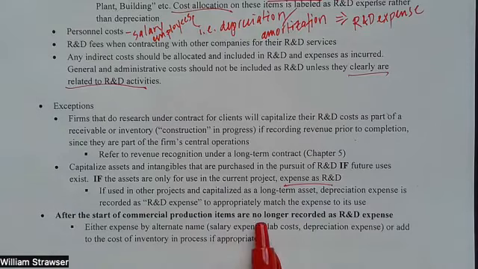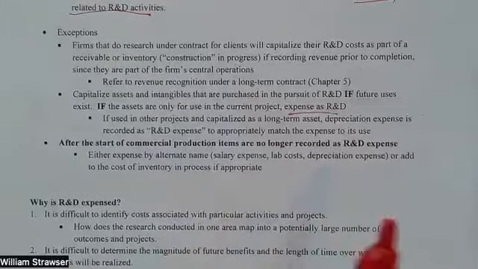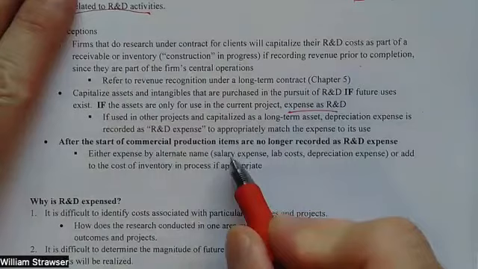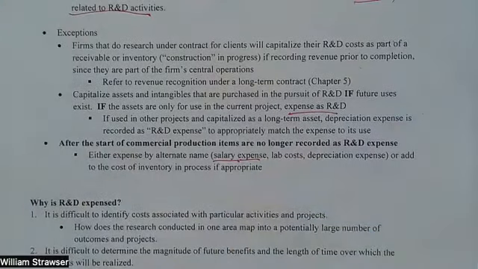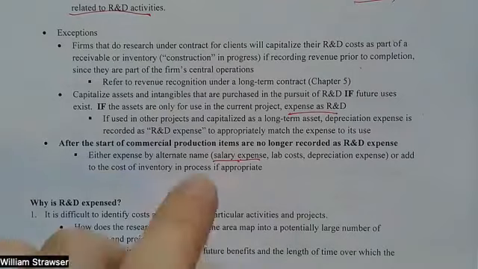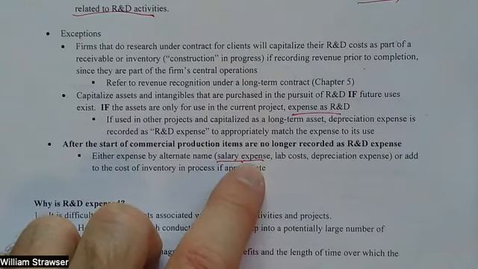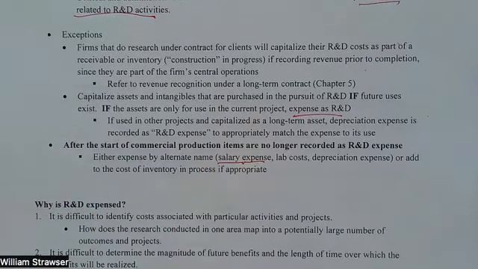After the start of commercial production, items are no longer recorded as R&D expense. Either you expense it by the alternate name, or add it to the cost of inventory and process if appropriate. But it just goes back to, like, if I was paying employees and they were working on a project last quarter, it might be R&D expense, but once we hit commercial production, it goes to salary expense. You know, I was using a piece of equipment in my R&D process.